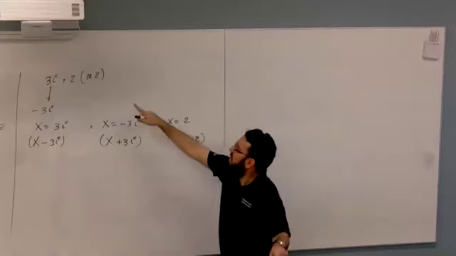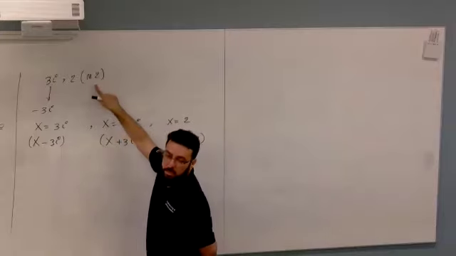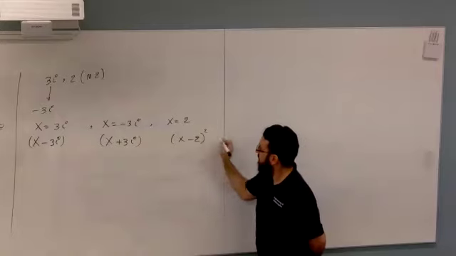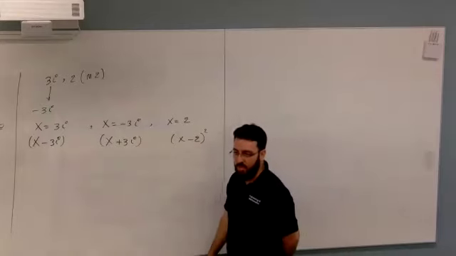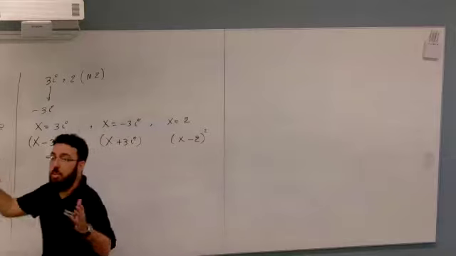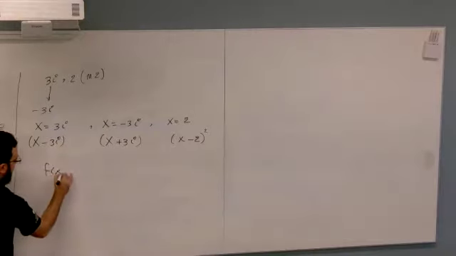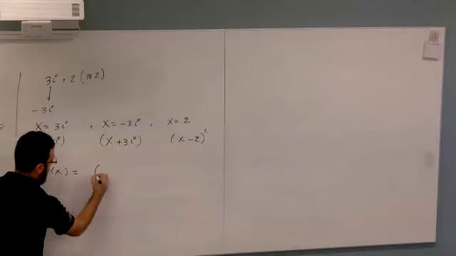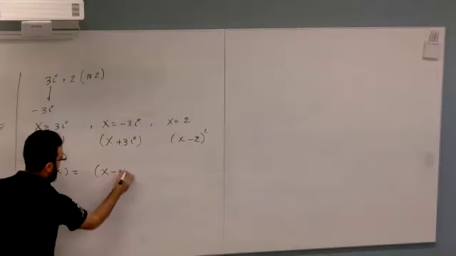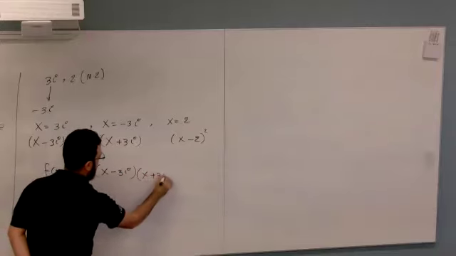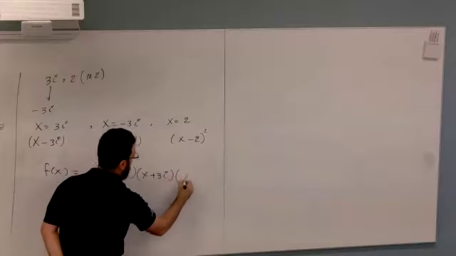Now, 2 with multiplicity, that's what I'm going to do here. Is that okay? Now we need to write down the polynomial. What am I going to do? Write down this. Write down this.